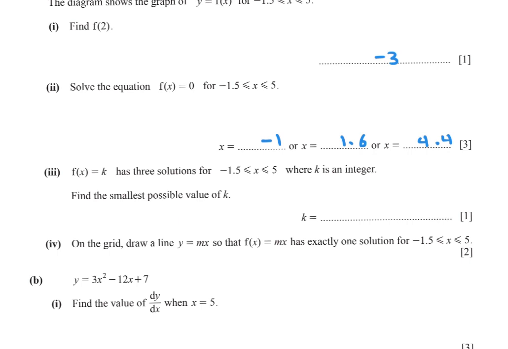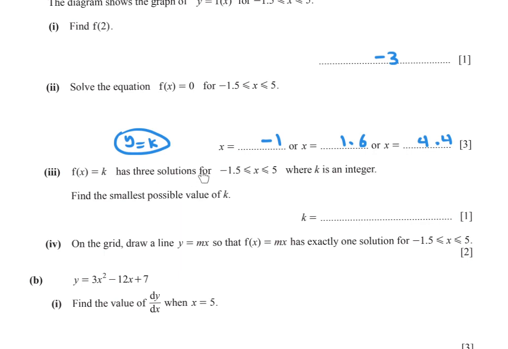Next question. f(x) equals k has 3 solutions. Find the smallest possible value for k, where k is an integer. So f(x) equals k, we need to draw the line y equals k. This is a horizontal line.